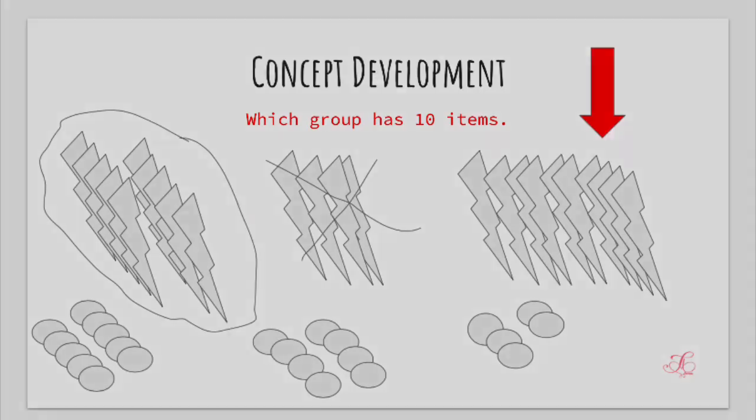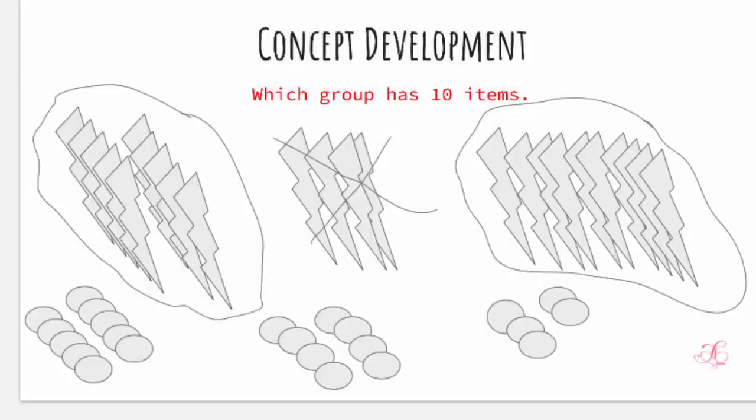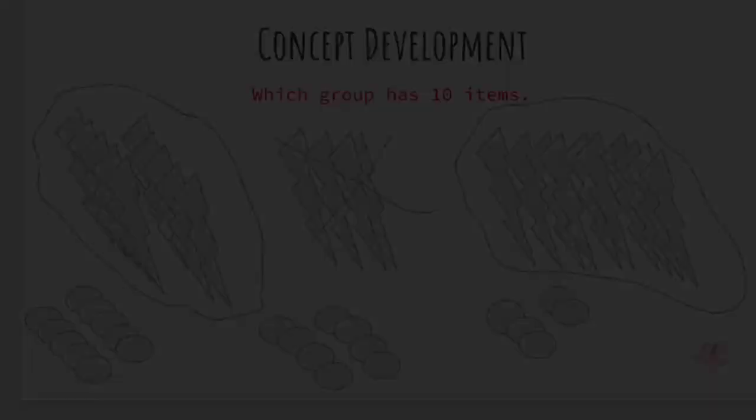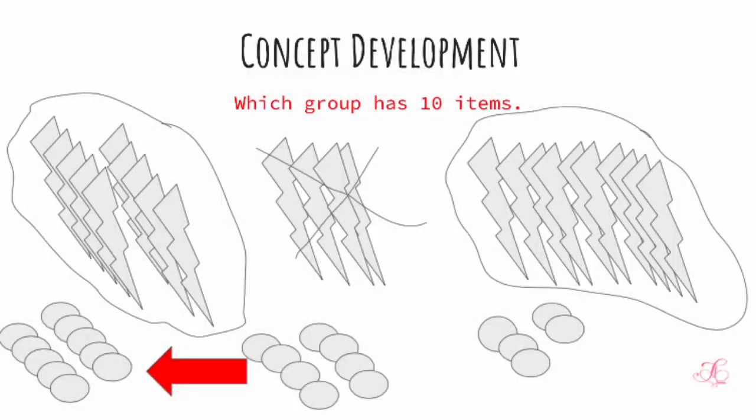That is 10 ones. We're going to circle that pile of 10 and call it 10 ones. Let's look at the next group. How many do we have? You're correct. It's 10. We have 3 groups of 10 ones.